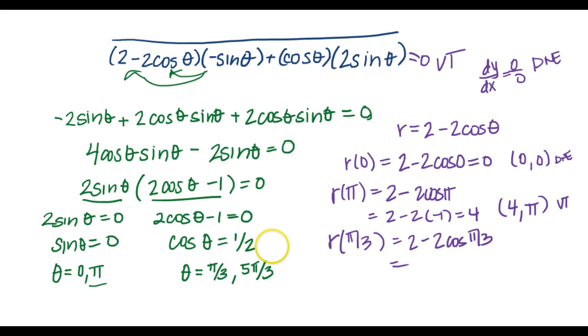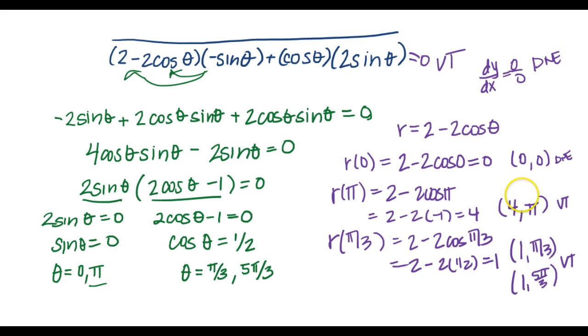We already know cosine pi over 3 is 1/2. That's how we arrived at that value. So 2 minus 2 times 1/2, 2 minus 1 gives me 1. And if we substitute 5 pi over 3, we will also get out 1. So we have (1, pi over 3) and (1, 5 pi over 3) as places of vertical tangency. So we have 3 places of vertical tangency.